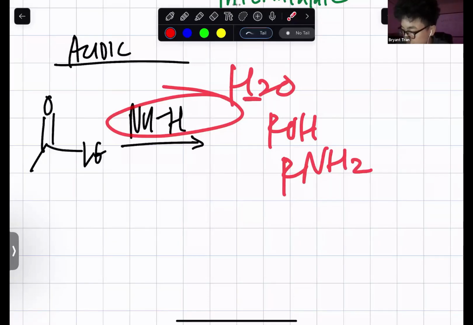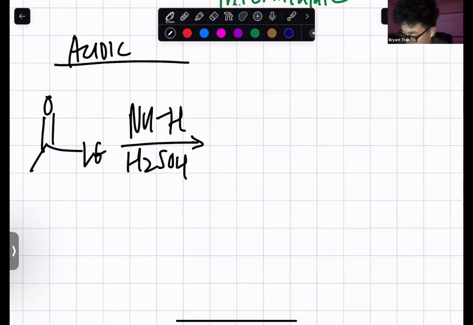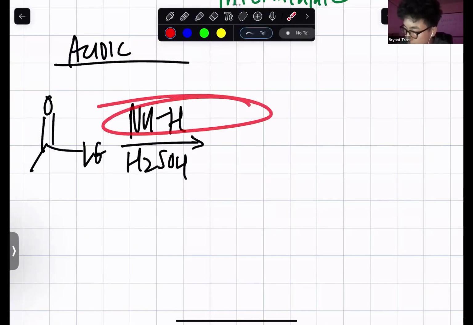A lot of these will have a hydrogen attached to whatever the nucleophile is. And let's say we have some kind of acid like H2SO4. If this nucleophile here is neutral, would that be a weak or strong nucleophile?